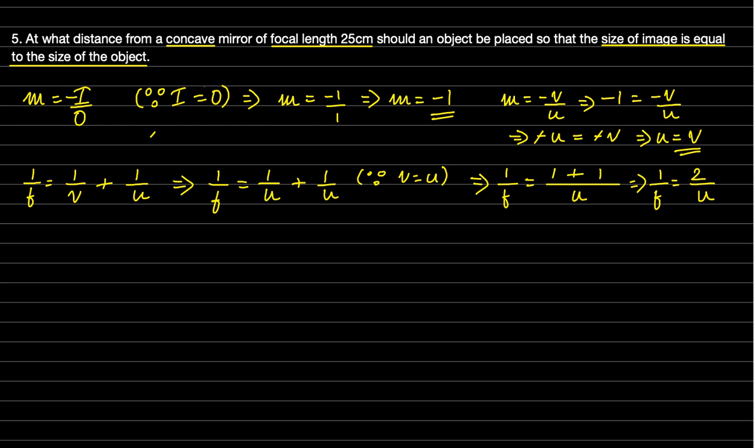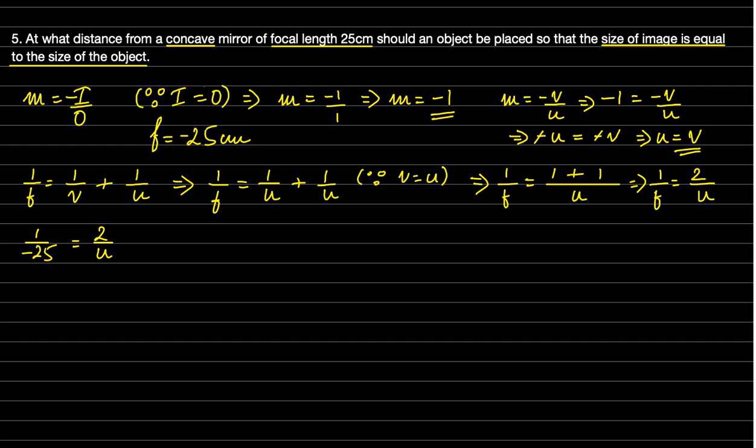So we need to consider f is equal to 25 centimeter. But since it is a concave mirror, we will be considering it as minus 25 centimeter. So I would be substituting f is equal to minus 25 centimeter here, and what I get is 1 divided by minus 25 is equal to 2 divided by u.